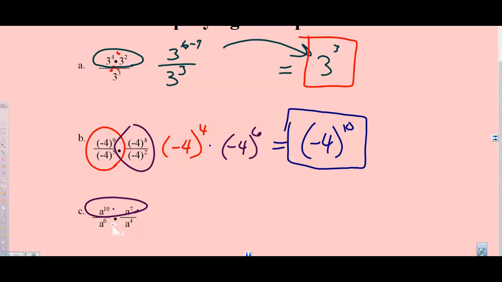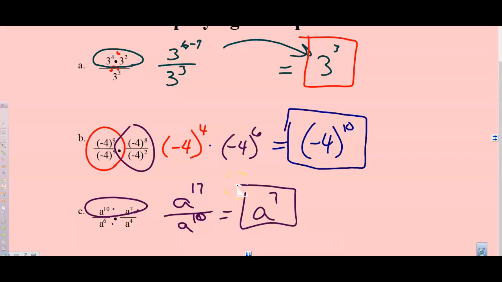A to the 10th, A to the 7th, add those, and we get A to the 17th. In the denominator, we get A to the 10th because we got 6 plus 4 there. And now that we have a quotient, we can simply do some subtraction. 17 minus 10, we have A to the 7th power.